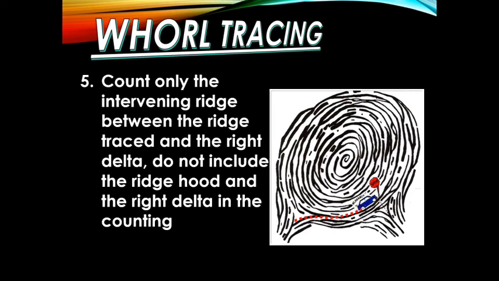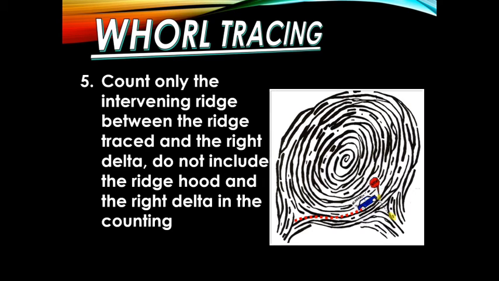when tracing, you must stop on the point opposite to the right delta. So in this instance, the tracing must stop here since it is already in front of the right delta. And then count the ridges between this last ridge and the right delta.